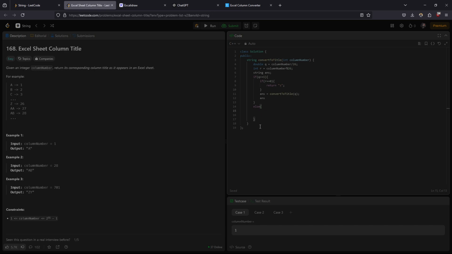No, actually, we need to return A when remainder is equals to 1. As we have already checked, quotient is not greater than or equals to 1, so it will obviously be equals to 0.